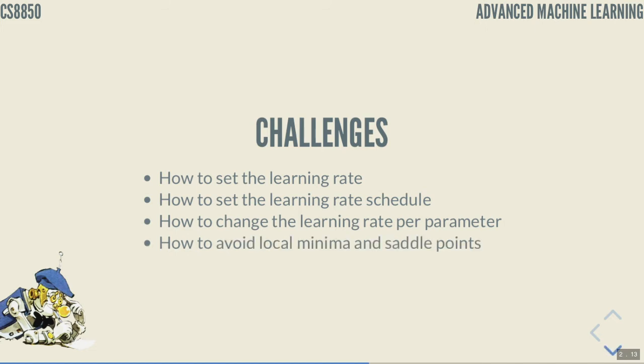And another one is, of course, how to avoid local minima and saddle points. We will learn next about how the field arrived at solutions, some complete, some partial, to all of these challenges. Even those that are partial are still efficient and effective.